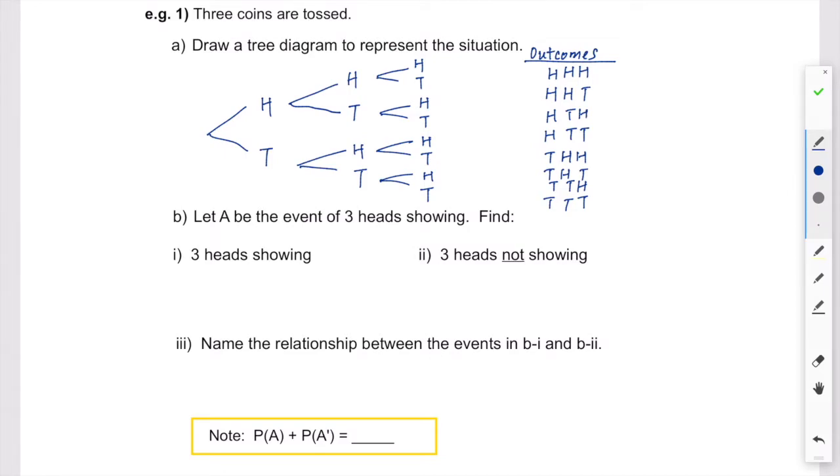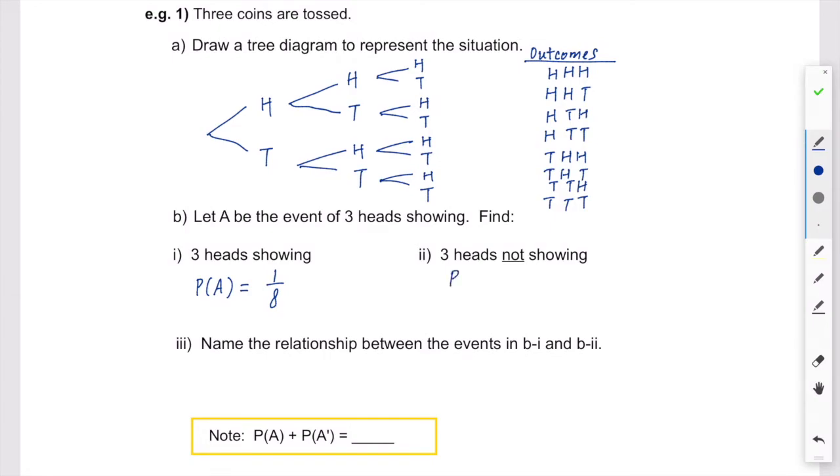So now let's see. If A is the event of getting 3 heads showing, find its probability. So let's call it P of A. Well, how many outcomes out of the 8 involve 3 heads? Only 1 out of 8. And what about the probability of 3 heads not showing?